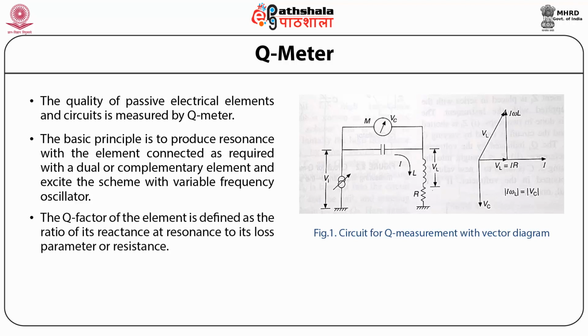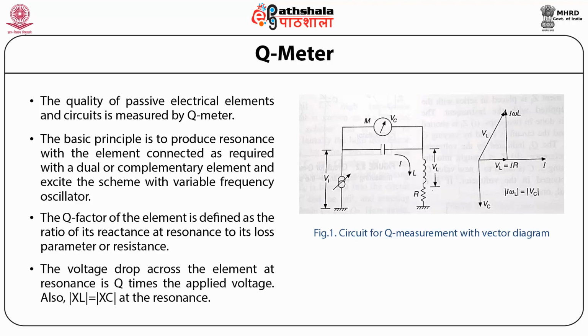The Q factor of the element is defined as the ratio of its reactance at resonance to its loss parameter or resistance. The voltage drop across the element at resonance is Q times the applied voltage. Also, mod of XL is equal to mod of XC at resonance.